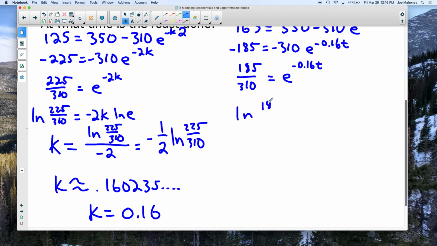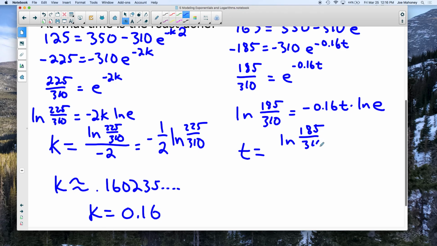So if I take the natural log of both sides, it becomes negative 0.16t times the natural log of e, that's going to be 1. So we're going to get that t is equal to this natural log on the left side divided by negative 0.16.